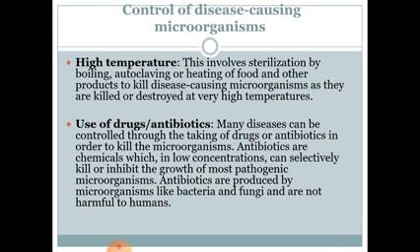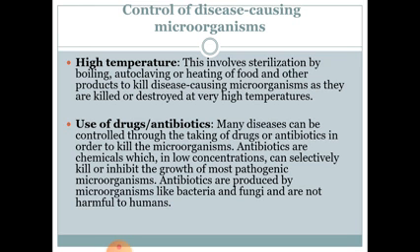Another way of controlling disease-causing microorganisms is through the use of drugs or antibiotics. Many diseases can be controlled through the taking of drugs or antibiotics in order to kill the microorganisms. Antibiotics are chemicals which, in low concentrations, can selectively kill or inhibit the growth of most pathogenic microorganisms.